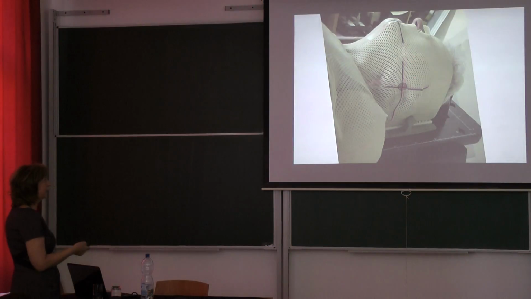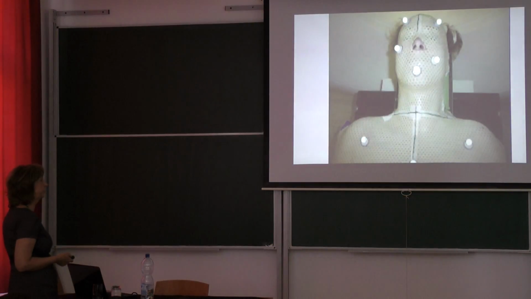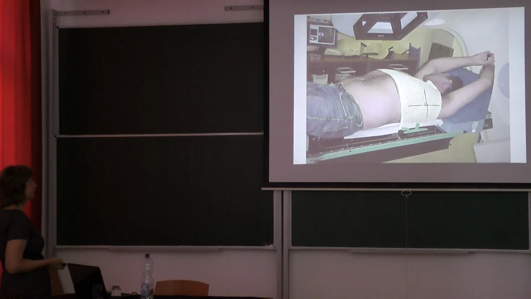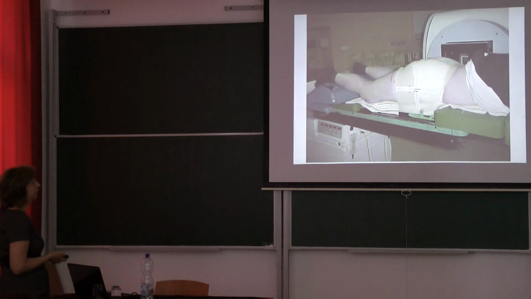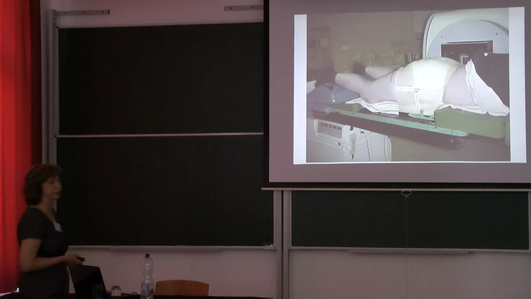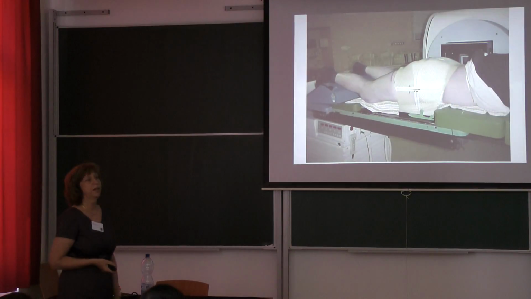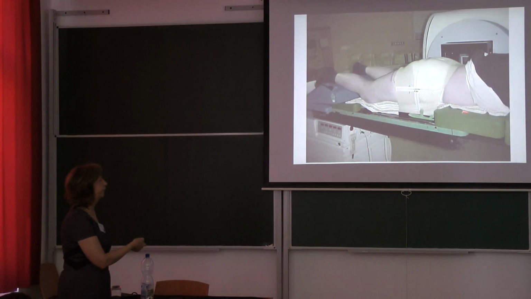And these are laser lines which are used for positioning, and diodes which are also used to detect the good positioning. This is a special thermoplastic mask fixation used all over the patient's body. This is a thoracic irradiation. This is a prone irradiation of the rectum.